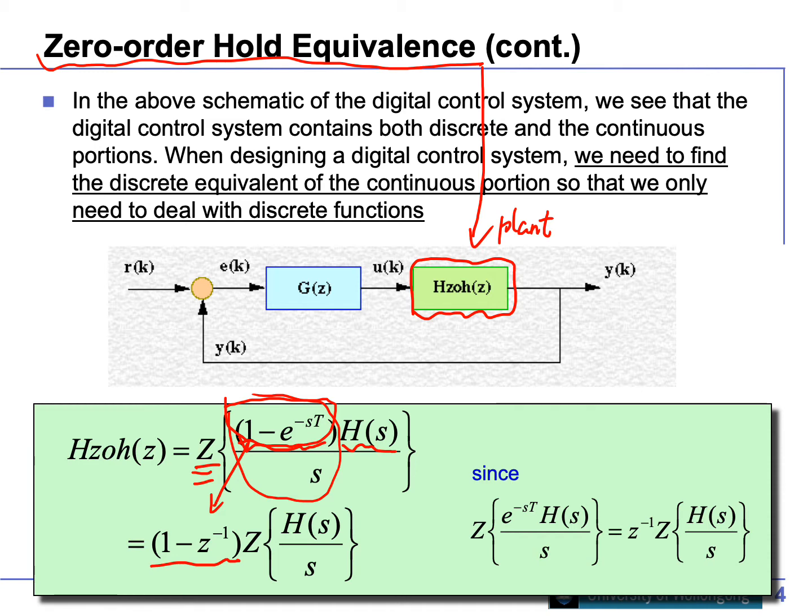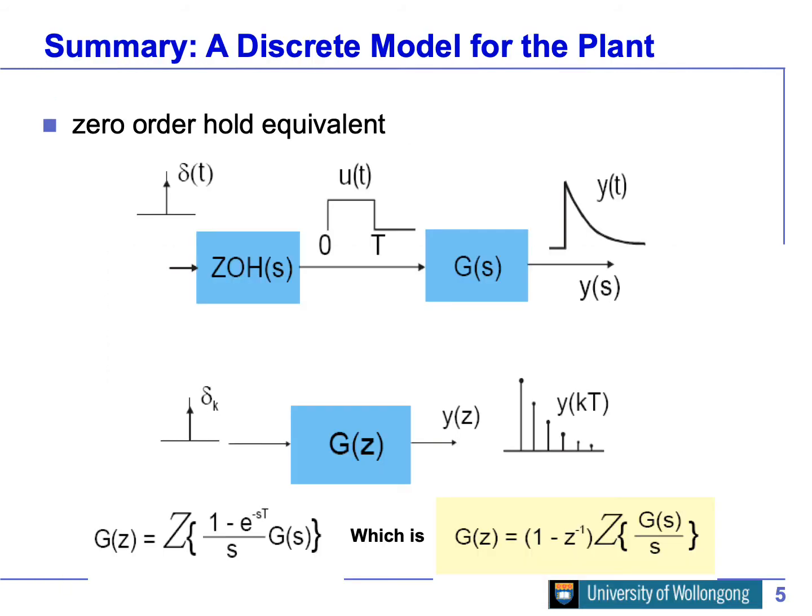This is telling why you can get to this part. Where does this come from? Now what we do is we use H(S) divided by S, then do the same thing as before. In summary, what we are trying to do is model the zero order hold in our system.